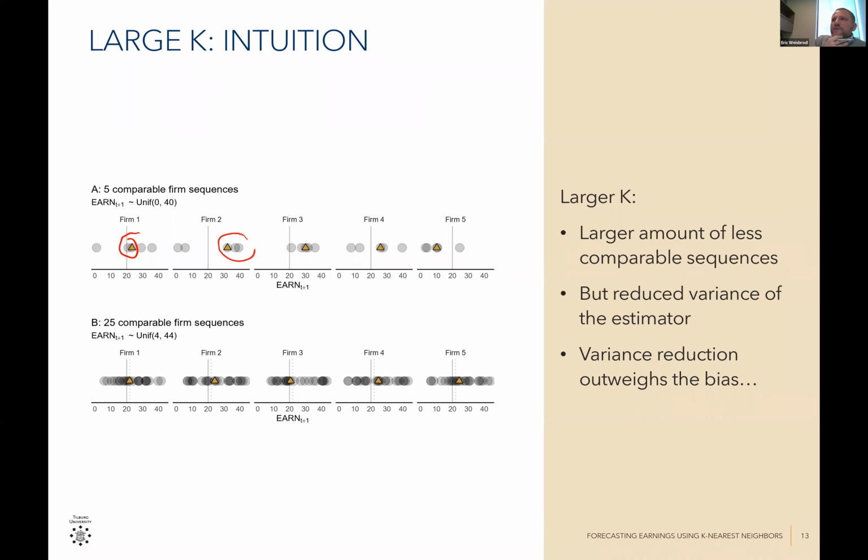So even though these are more similar to the subject firm, there's a lot of variance in the forecast. Here we simulate a distribution that's a bit biased, say toward the population mean rather than the specific subject firm we're trying to forecast. But because there are more peers, the variance of that forecast will be lower.